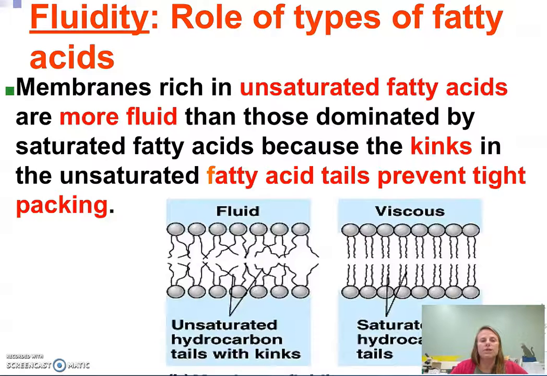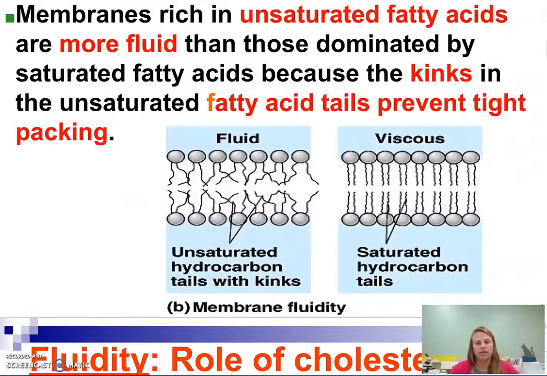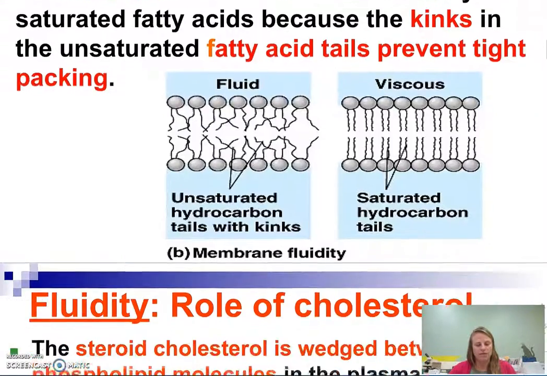For example, membranes that are rich in unsaturated fats are more fluid because that kinked arrangement prevents tight packing. On the other hand, where you've got saturated hydrocarbon tails in my phospholipid, you'll notice that my plasma membrane is more tightly packed.